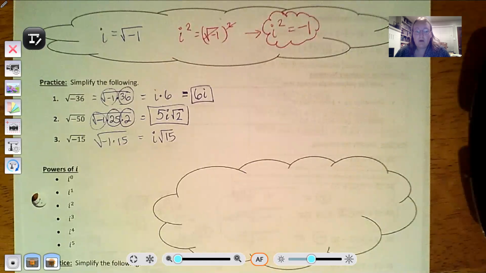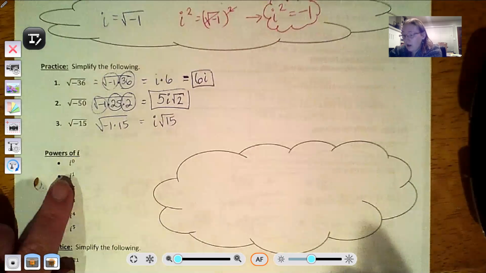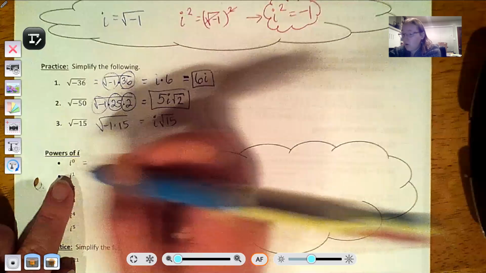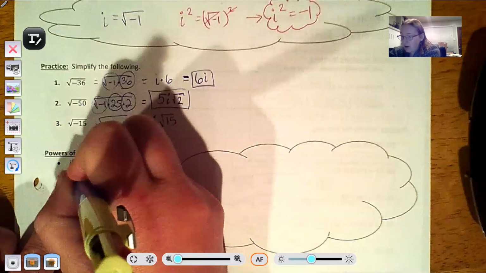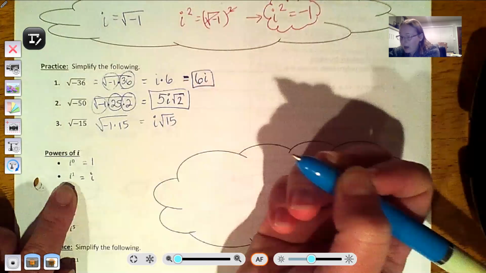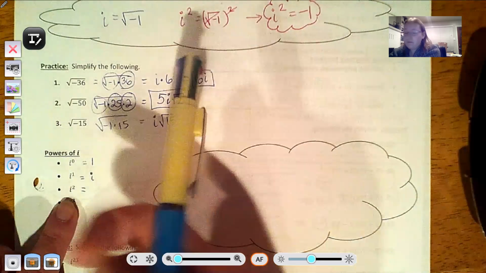Then we'll talk about some other properties with exponents for imaginary numbers. And some of these are just what you'd expect. Anything to the 0 power is 1. Anything to the first power is itself. That's as simplified as it can be. It's just i. We already talked about this one up here.